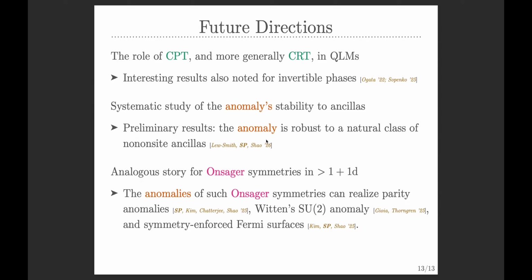Similarly, in 3+1D, you can have Witten's SU(2) anomaly come from some Onsager symmetry. And if you know this story about Fermi surfaces and anomalous LSM symmetry, there's also a relationship between Onsager symmetries and that in any dimension. I think it'd be interesting to go through these higher dimensional examples, add some lattice CRT symmetry, and look at its order compared to the IR instance. So thank you all for your attention, and please ask more questions.